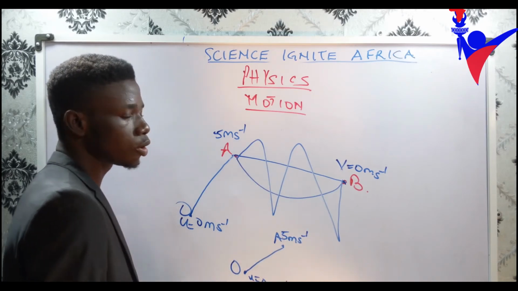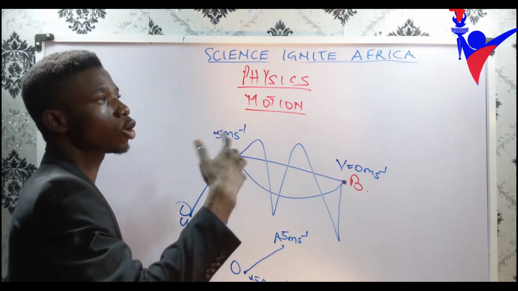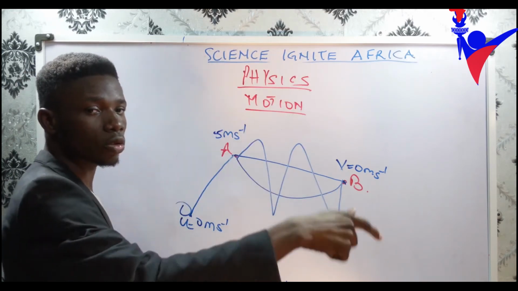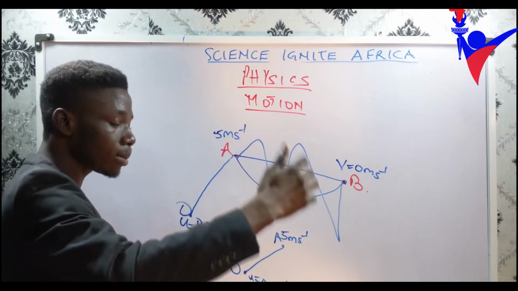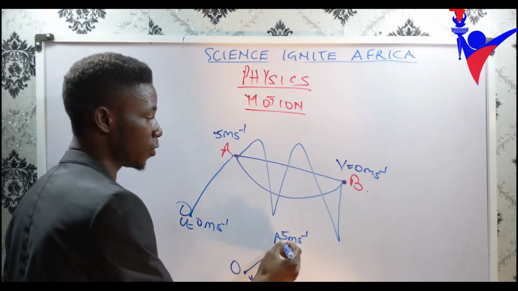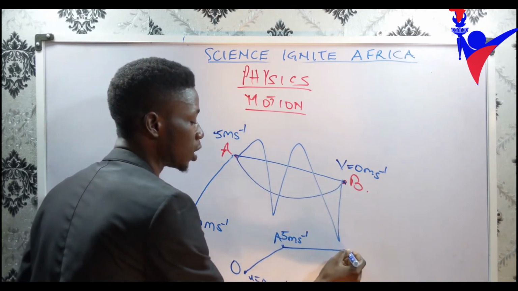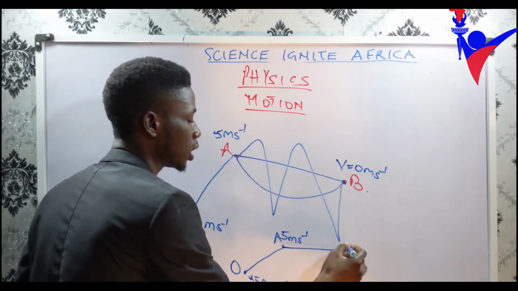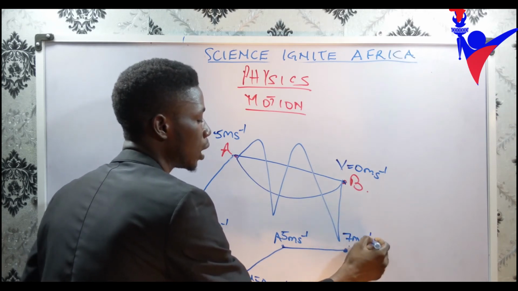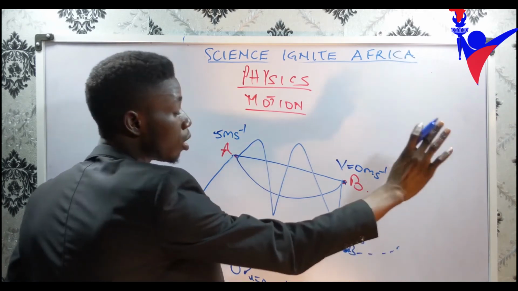But I didn't decide to stop at point B. I decided to stop at another point, let's say point C. But before I got to point C, I kept increasing my velocity. Let's say before getting to point B, I've increased my velocity again. Let's say my velocity now is 7 meters per second at point B.